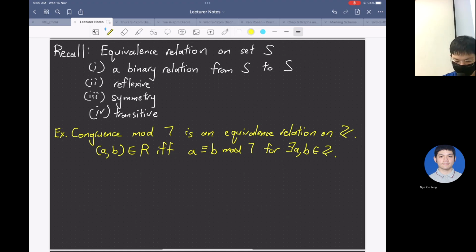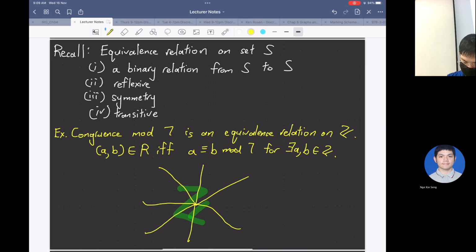And we also talked about how congruence partitions Z. Remember the picture: Z is partitioned by 7 equivalence classes, 1, 2, 3, 4, 5, 6, 7.